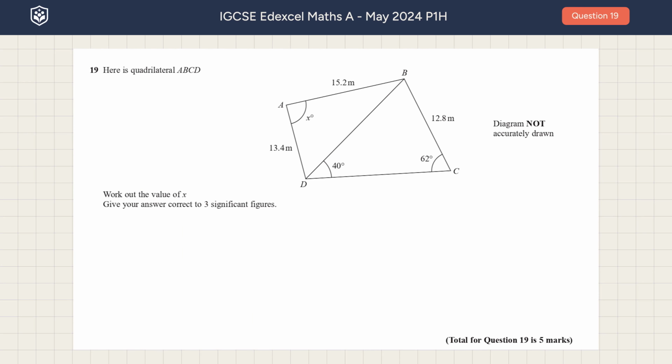In question 19, we are asked to work out the value of x. We are given a quadrilateral ABCD.